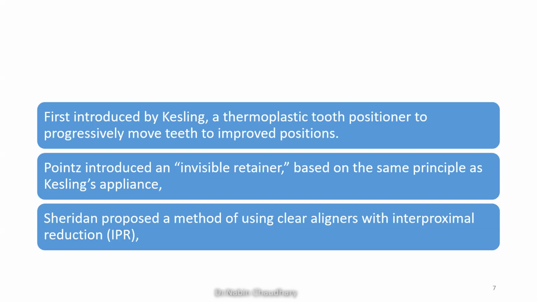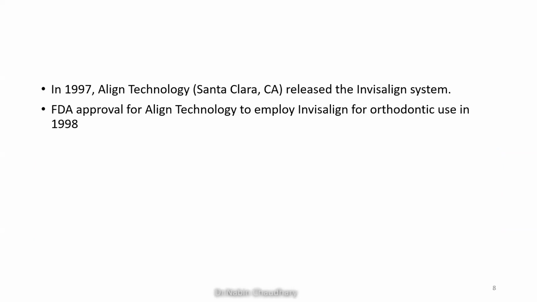However, in the procedure done by Sheridan, at each appointment a new impression needed to be taken before the clear aligner was fabricated. So it was time consuming and very tedious.